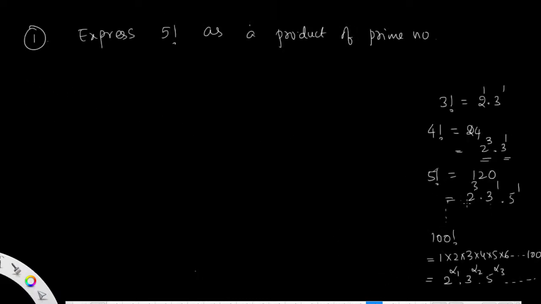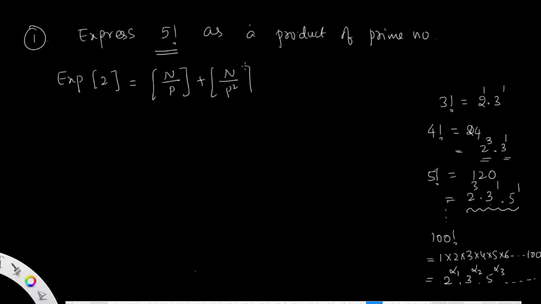So 5 factorial is given in the question: 2 cube into 3 power 1 into 5 power 1. First you write the prime factors, the prime factorization, the exponent of 2. The formula is floor of n by p plus floor of n by p square plus floor of n by p cube, and so on.